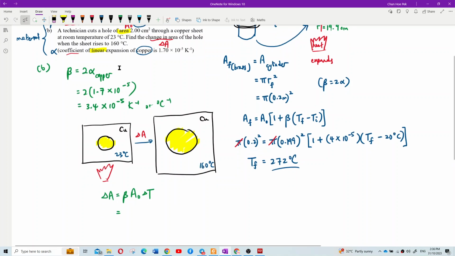Beta, just now I multiplied alpha by 2 to get beta. You must remember that. So multiply 3.4 exponent -5.